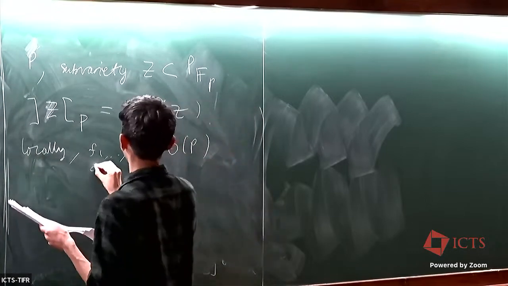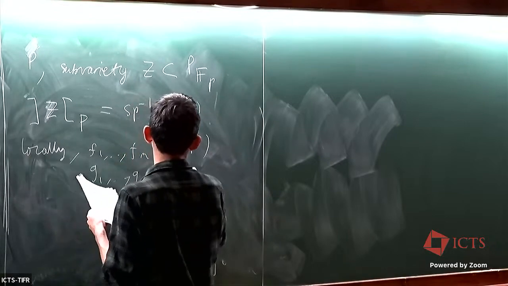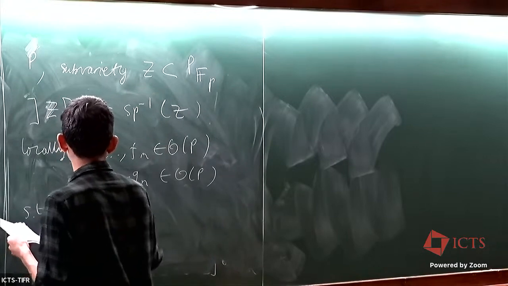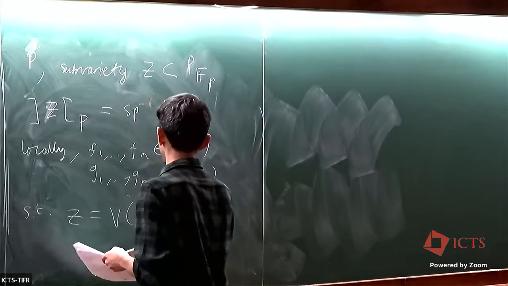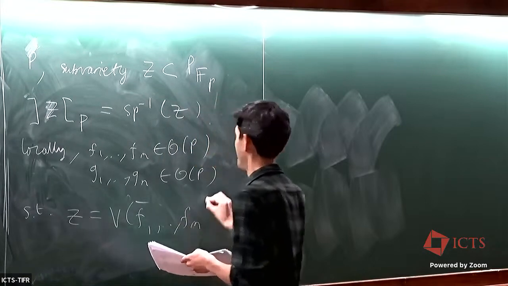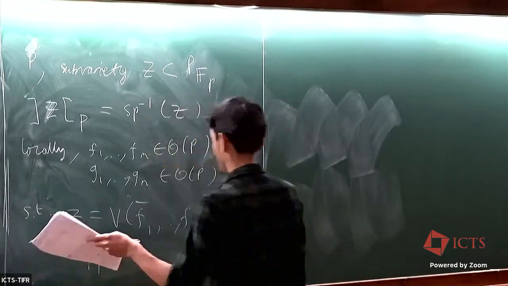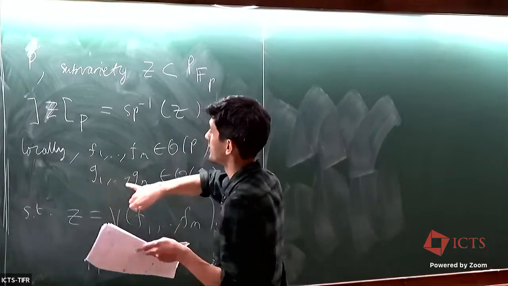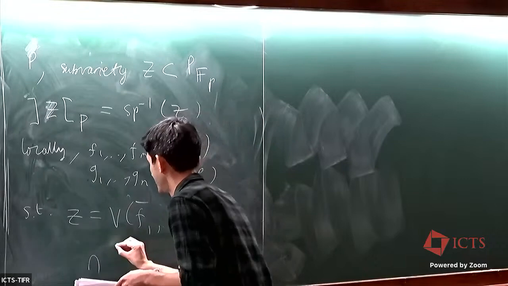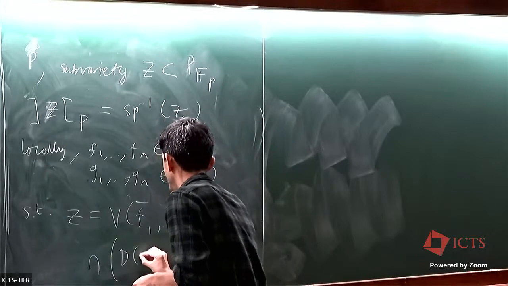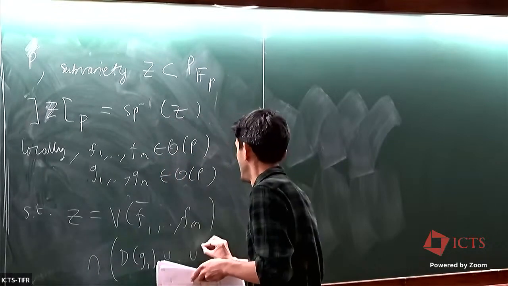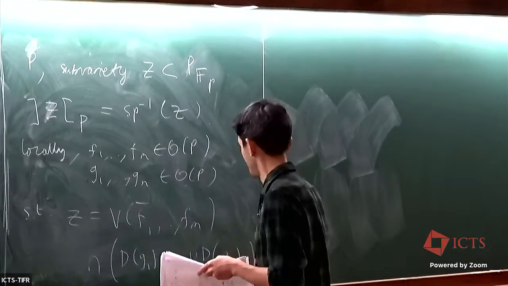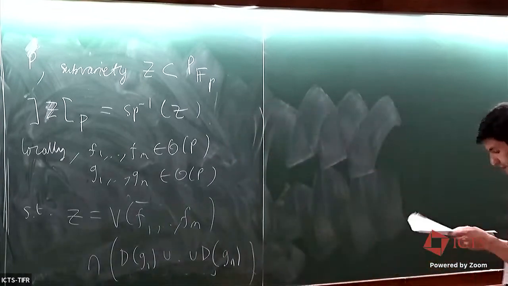And g_1 to g_n in O of P, such that Z is equal to the zero set of the reductions of the f_i, intersected with the union of the opens where these functions don't vanish mod p, the reductions of g_1 to g_n.